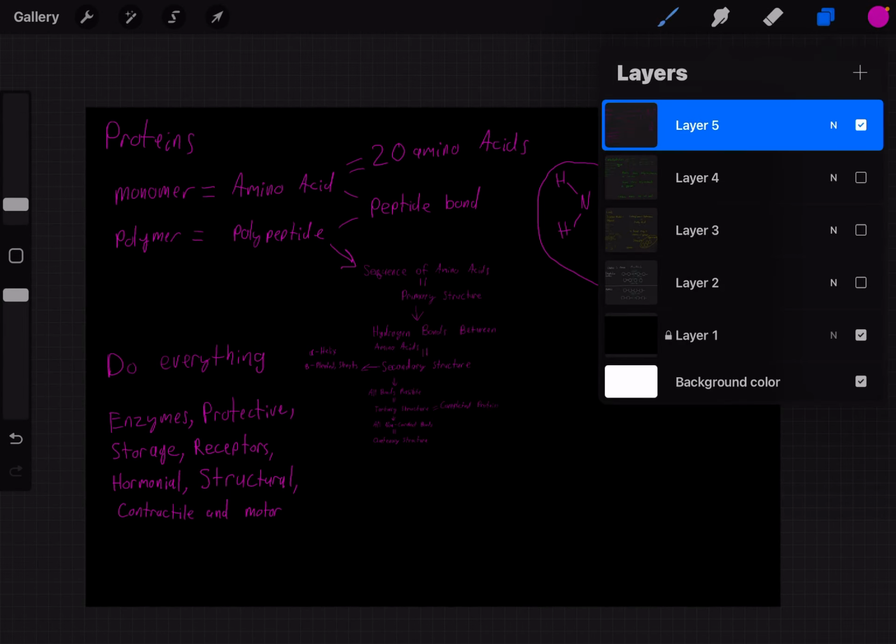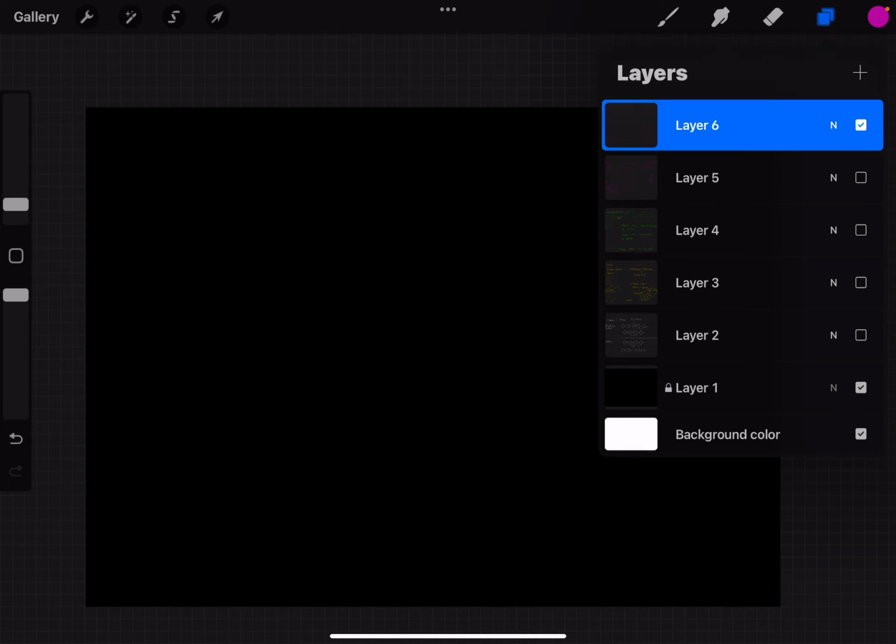So we will head over to the last one, which is nucleic acids. A little harder one, but we'll get through it.